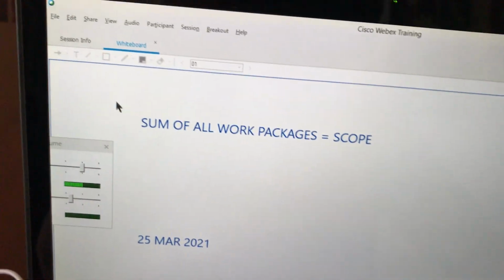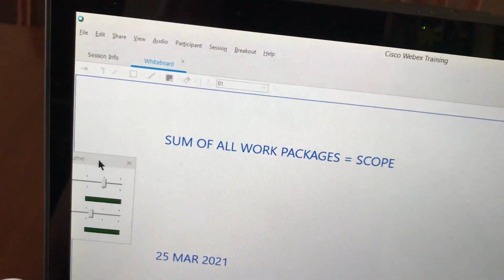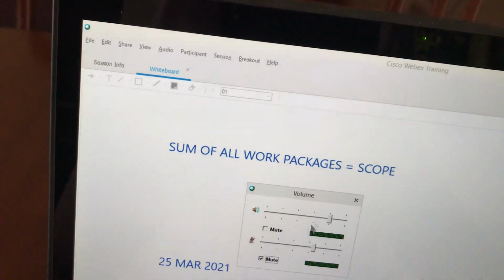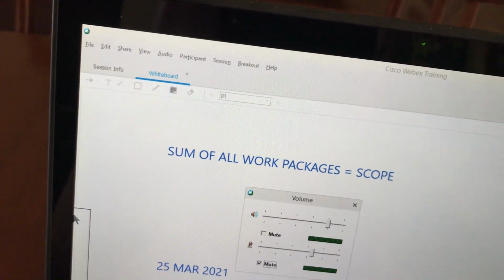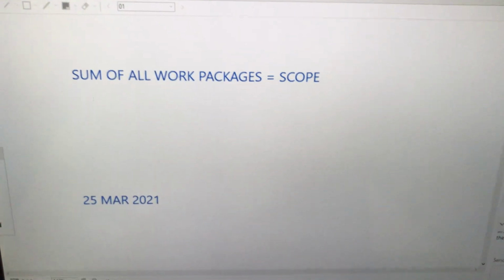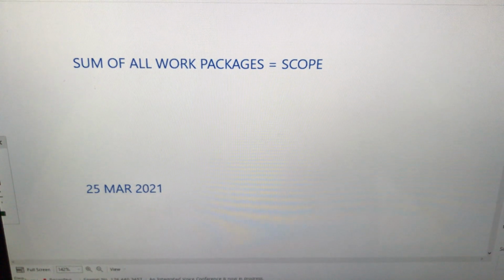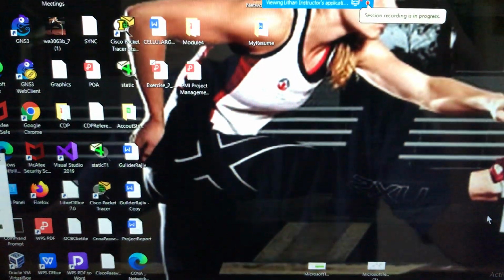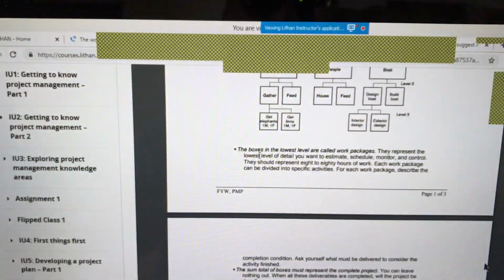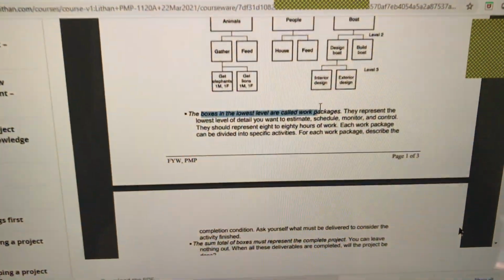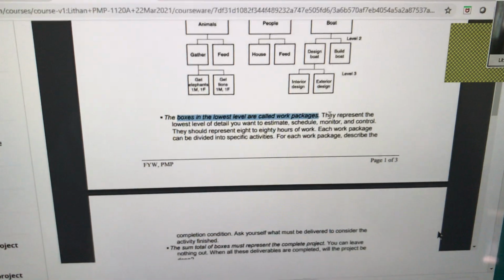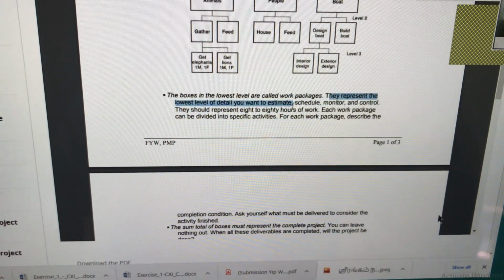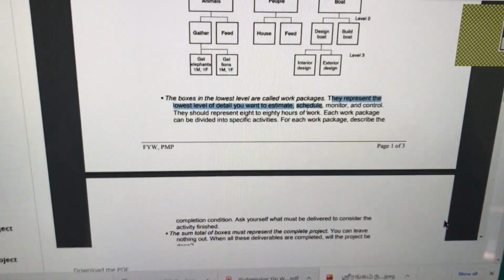Any questions, anyone? Okay, let me go back to the LMS question and complete it. We are halfway through. It says the boxes in the lowest level are called the work packages. They represent the lowest level of detail you want to estimate and control.